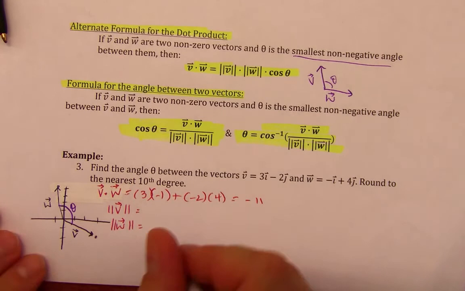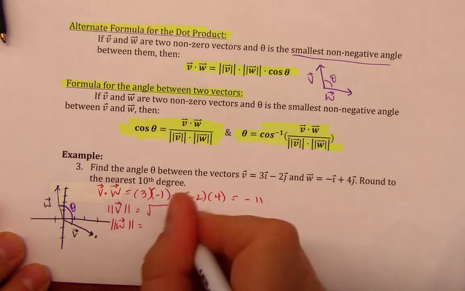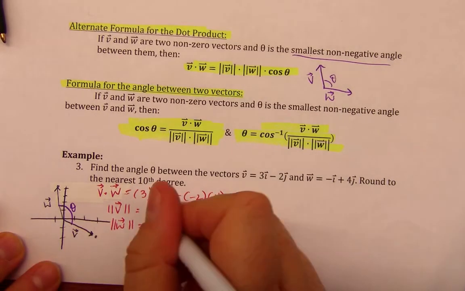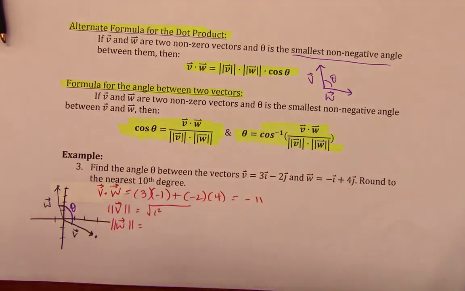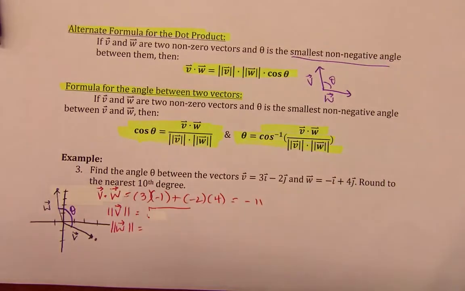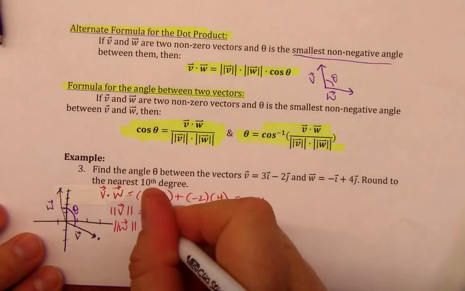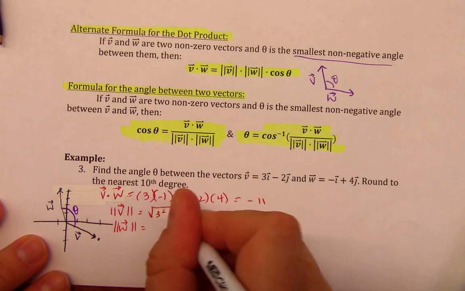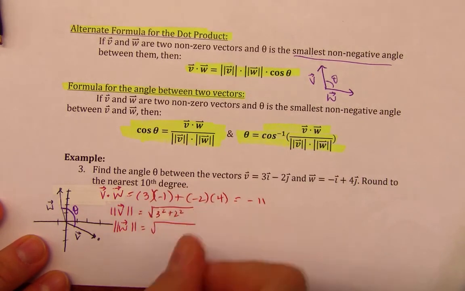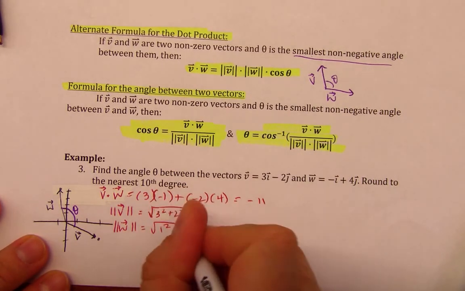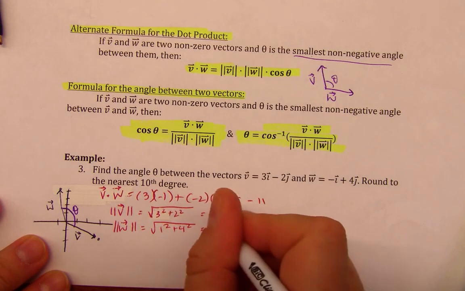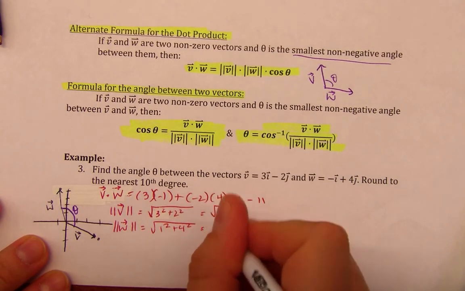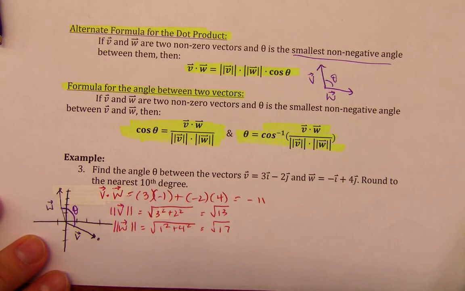And we can remember from the last section how to do that. Since they're both starting at the origin, we can do 3 squared plus 2 squared, and we can do 1 squared plus 4 squared. And that gives me square root 13 and square root 17.